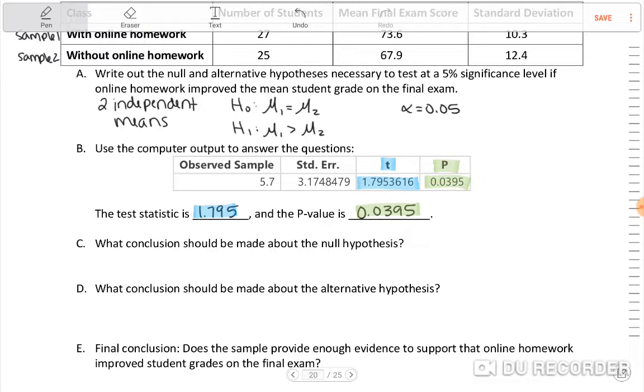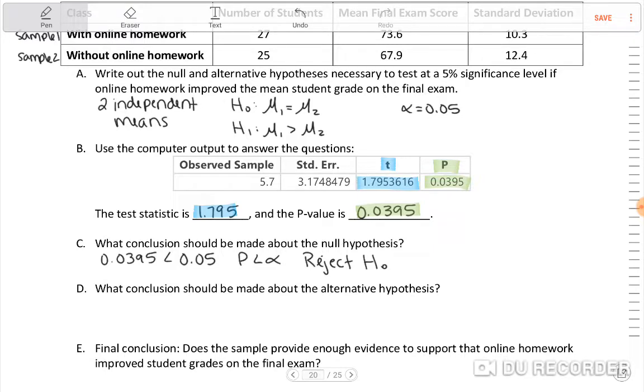Well, let's see here. If my p-value, which is 0.0395, is less than 0.05, so if p is less than alpha, then that means that we are going to reject the null hypothesis. Okay. Let's see.